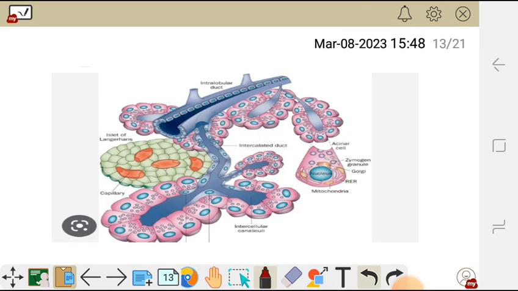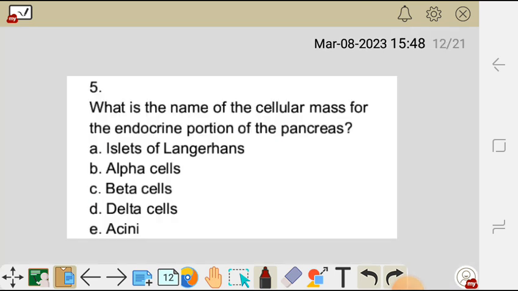So in this diagram, we have the acini cells, and we also have the islets of Langerhans, where we find the alpha cells, beta cells, and the gamma cells. So the correct answer for question 5 is A.